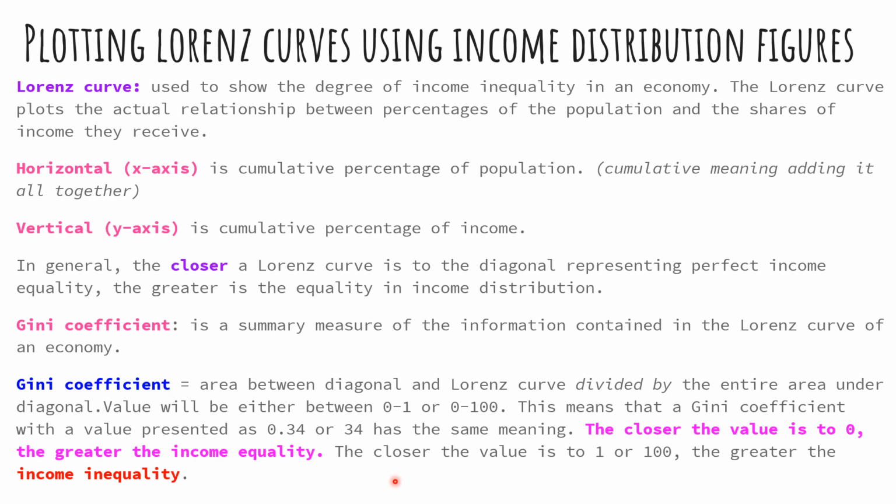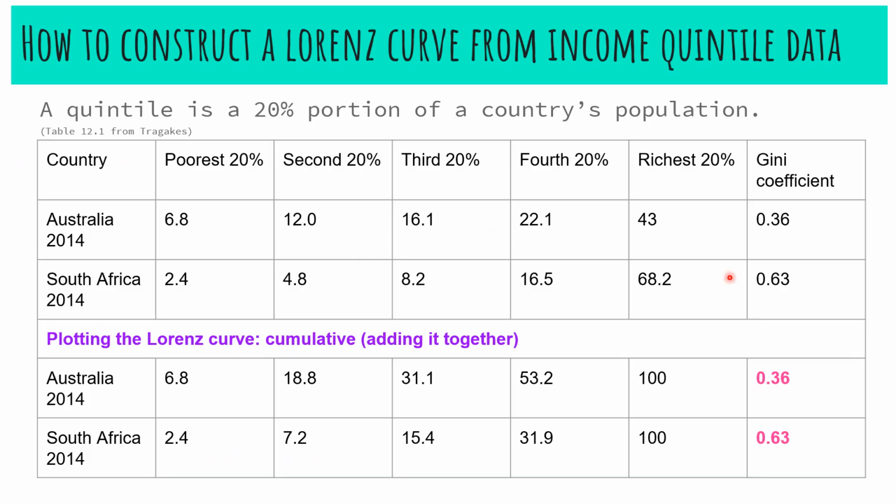This means that a Gini coefficient with the value presented as 0.34 or 34 has the same meaning. And because that is closer to 0, it represents greater income equality. The higher the number gets, the closer the value is to 1 or 100, the greater the total income inequality in that economy.